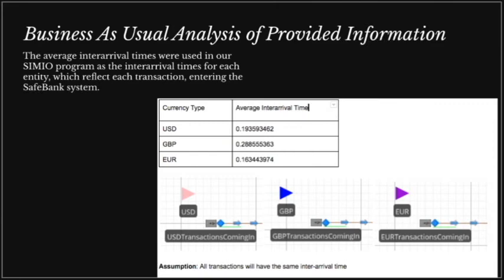We found the average USD interarrival time to be roughly 0.19 seconds, the British pound roughly 0.29 seconds, and the euro roughly 0.16 seconds. We then assigned those interarrival times to the sources for our 3 entity currency types: the US dollar transactions coming in source, the GBP transactions coming in source, and the EUR transactions coming in source.